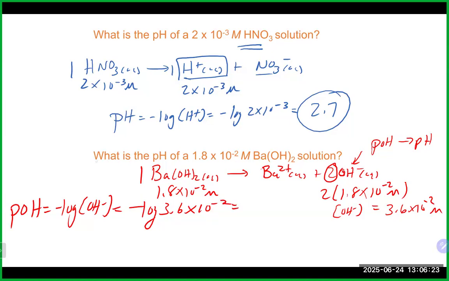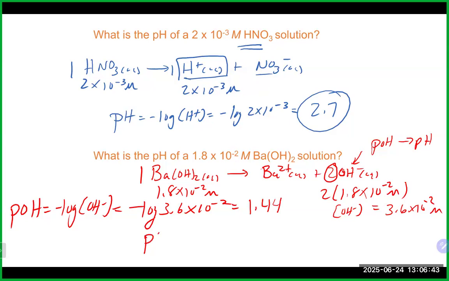At this point, we will get 1.44. Again, if for some reason you thought that was the pH, it really shouldn't make sense to you, right? Because that would then be an acidic pH, and this is a base. So again, those things don't make sense.